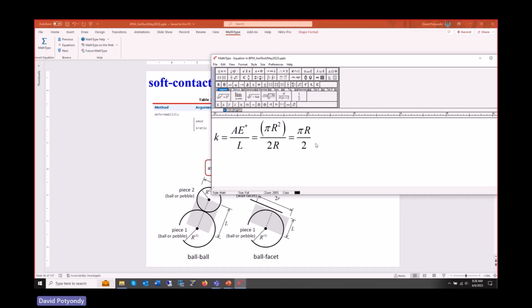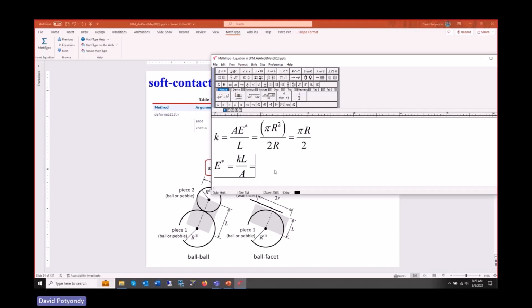And if we did this the other way, we could have written that E star equals KL over A, right? So the modulus will be different if we choose K, right? What's this?